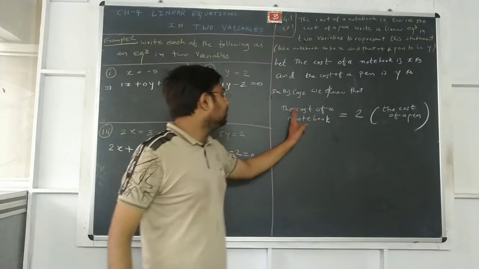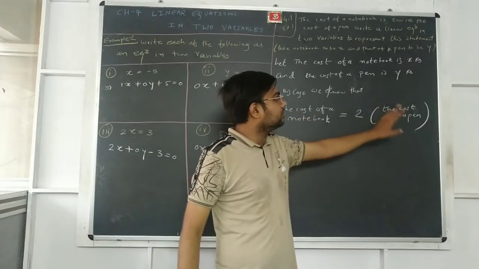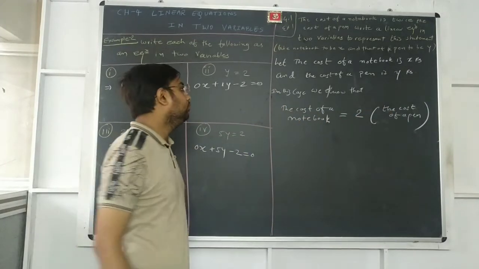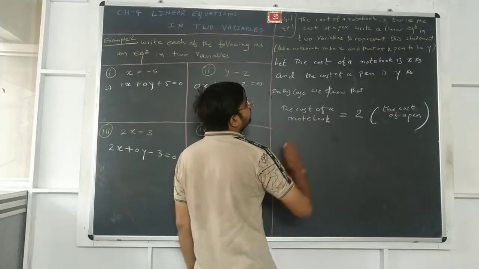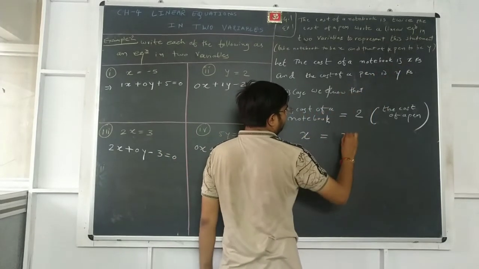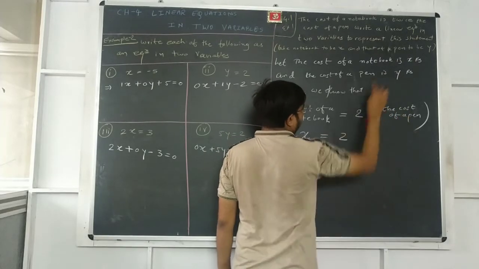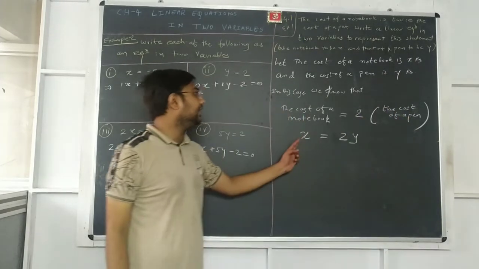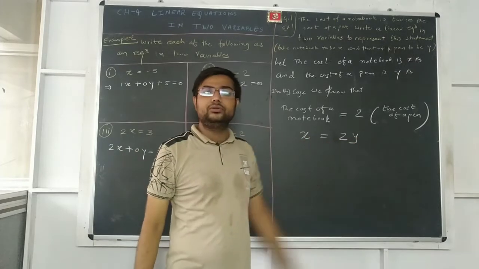The cost of a notebook is equal to twice the cost of a pen. So what is the cost of a notebook? Rupees x, and twice the cost of the pen, which is y. Here we get x is equal to 2y.